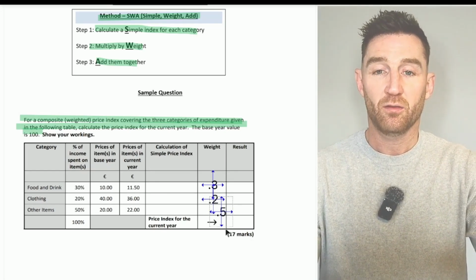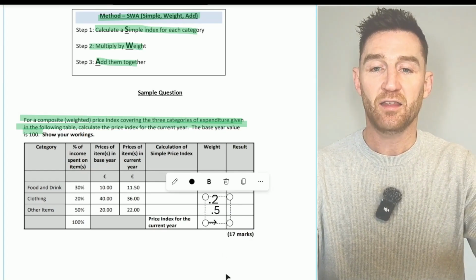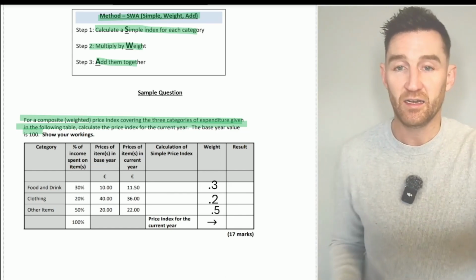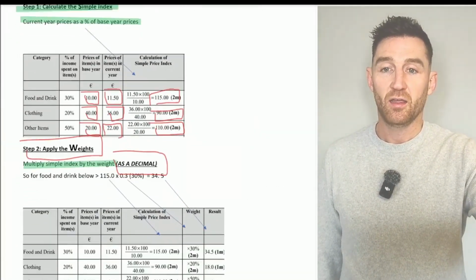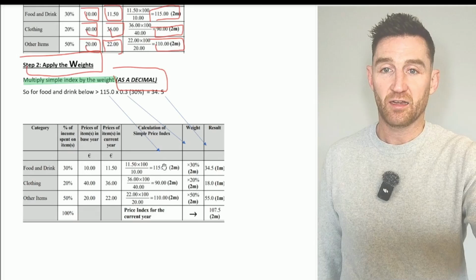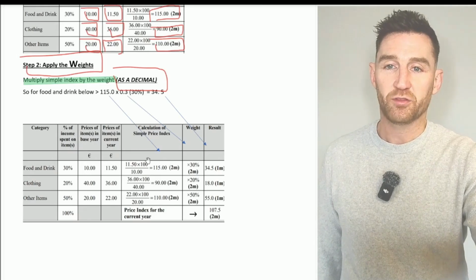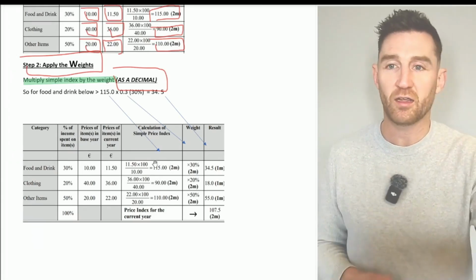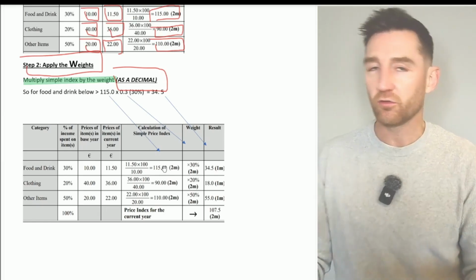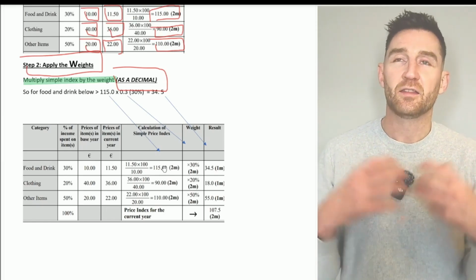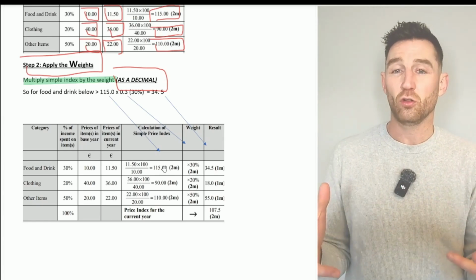Because what a lot of students will do is they'll get the idea that they need to multiply the simple index, so what they calculated here, by the weight. But they'll start messing around trying to calculate 30% of 115, and they'll really struggle with the numbers.